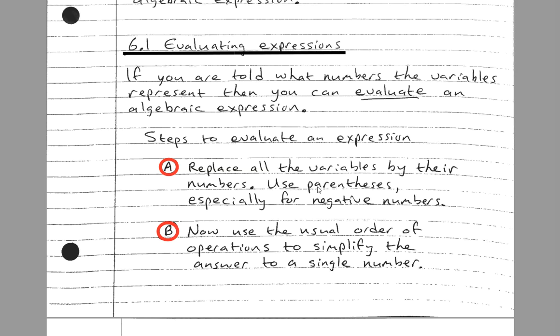In this step, it's a good idea to use parentheses when you're substituting, and it's essential when you're substituting negative numbers. But you can do it in every case. It's a good habit to get into. It avoids some specific problems.